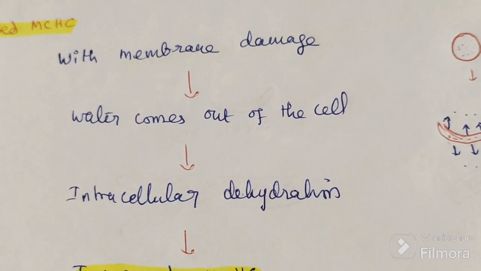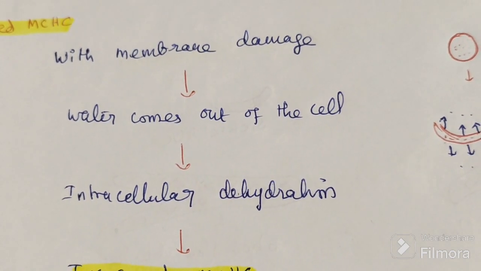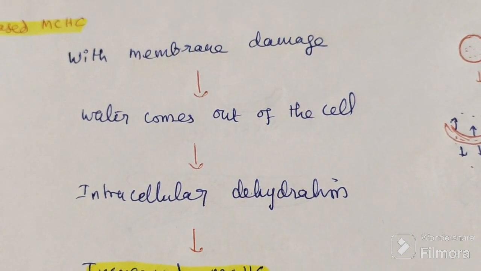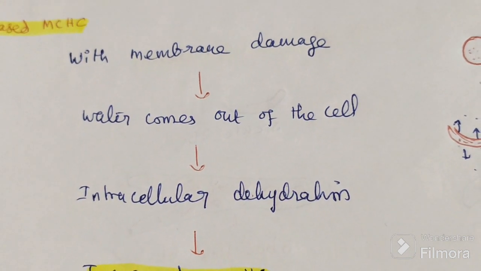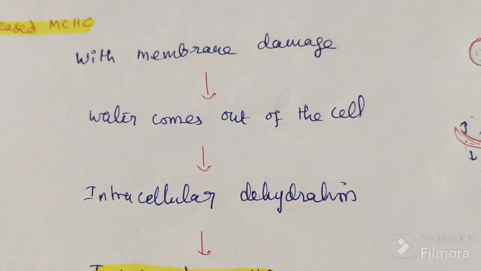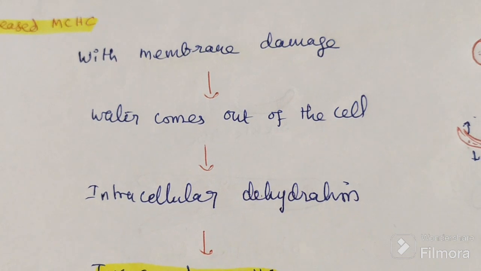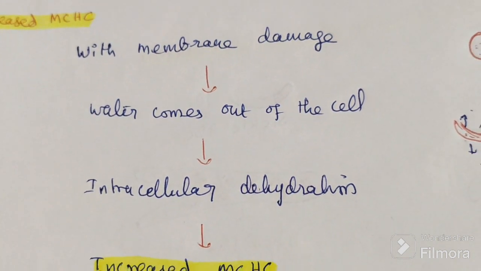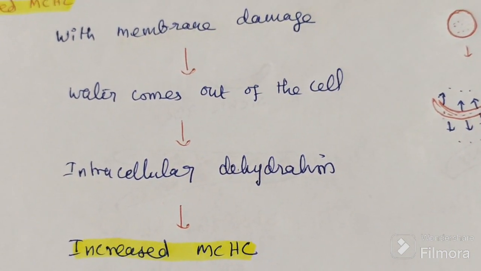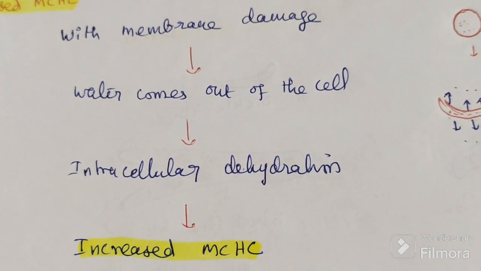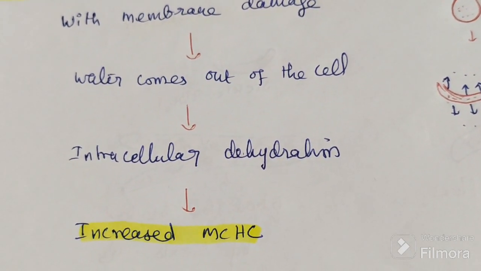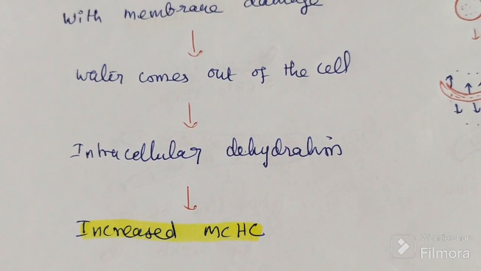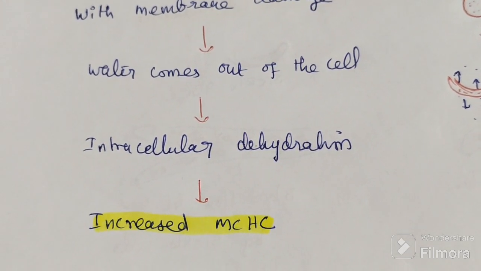When the RBC was biconcave, it had adequate water, so the hemoglobin was dispersed throughout. But when the RBC becomes sickle shaped, the membrane is damaged. Since the membrane is damaged, water leaks out of the RBC, so there is intracellular dehydration.